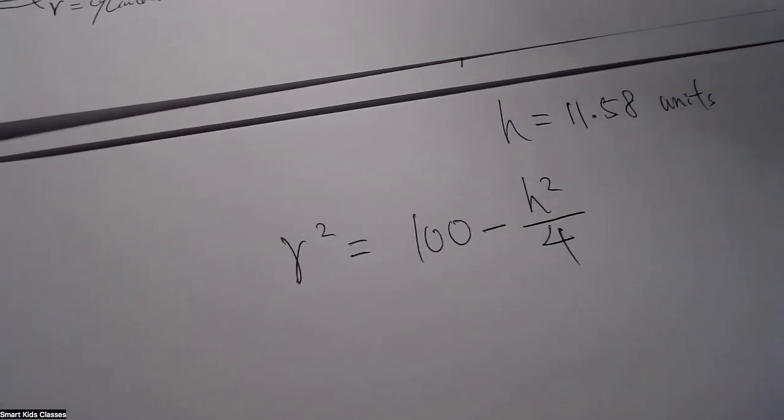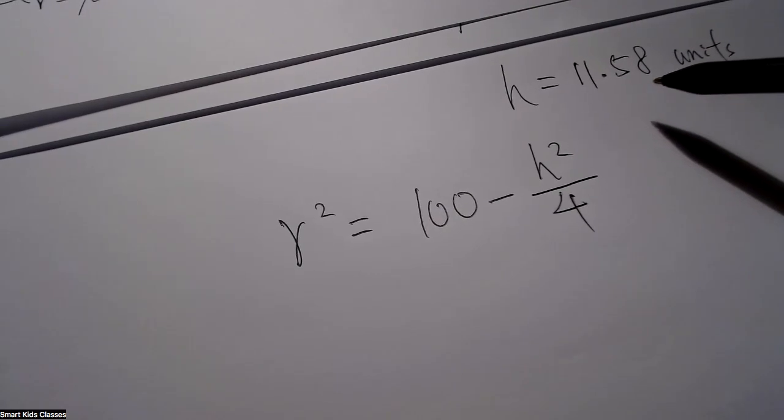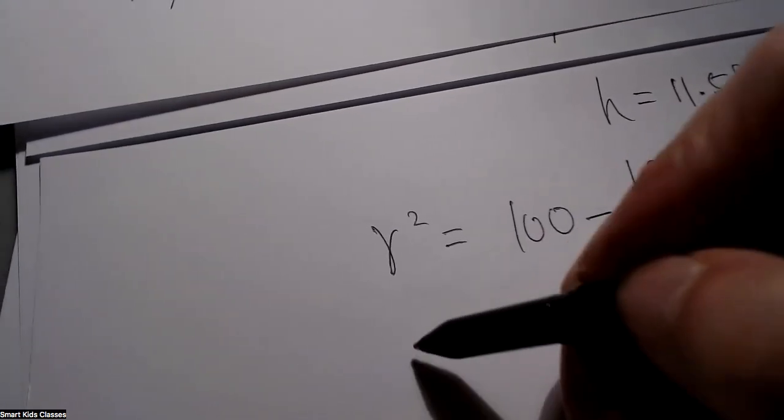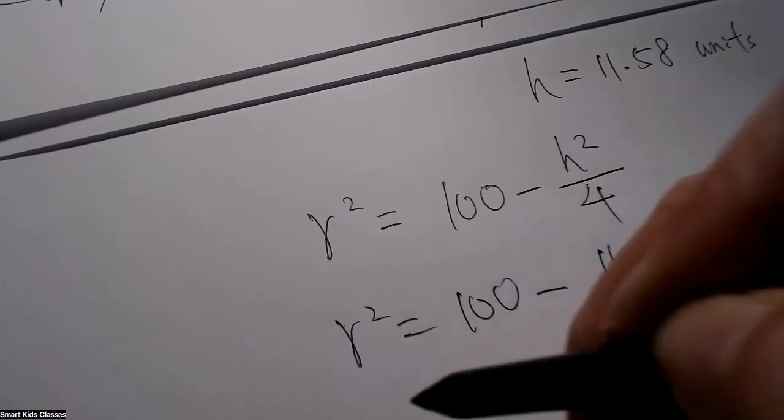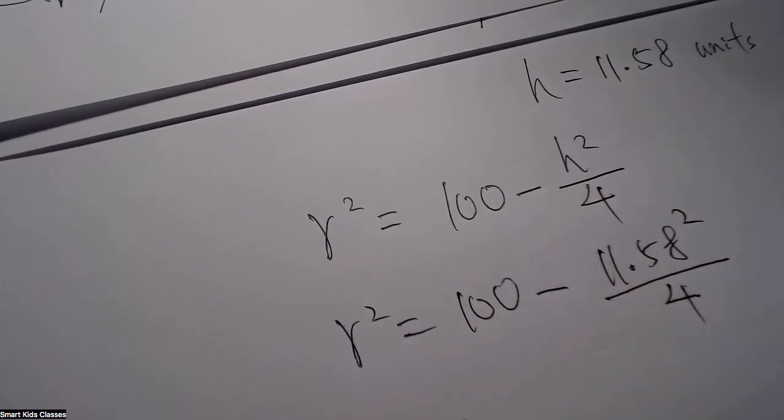Now we do the substitution: h equals 11.58, so radius squared equals 100 minus 11.58 squared over 4.